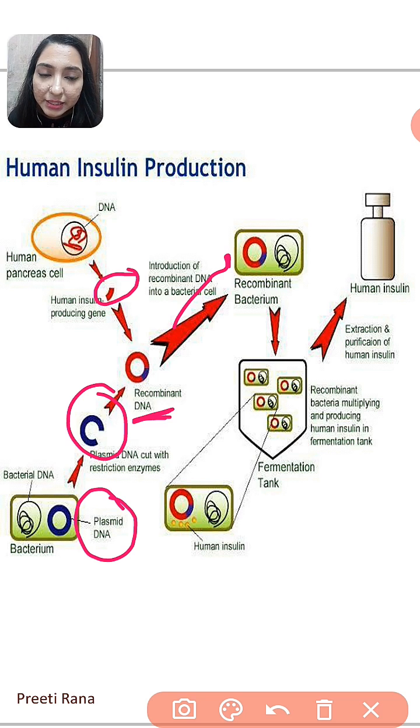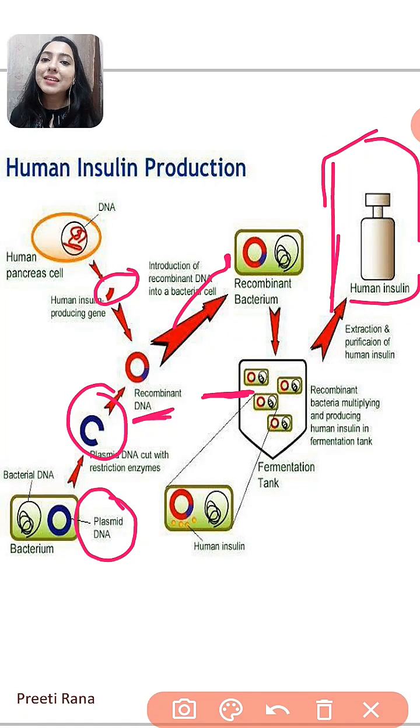Here you can see the bacterial cells having the recombinant DNA. The yellow dots over here represent human insulin. Recombinant bacteria multiply and produce human insulin in the fermentation tank. Then the insulin is extracted from the fermentation tank and purified by downstream processes, and then is collected in a separate bottle which will then be marketed.